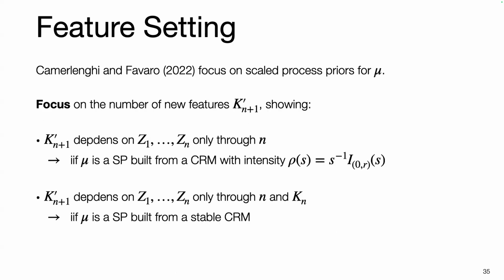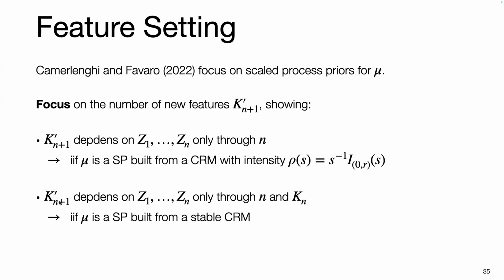And in this context, the only work about predictive characterization or sufficientness postulate in the feature setting is due to Camerlenghi and Favaro, who characterize those scaled processes that lead to simple predictive rules for K prime n+1.